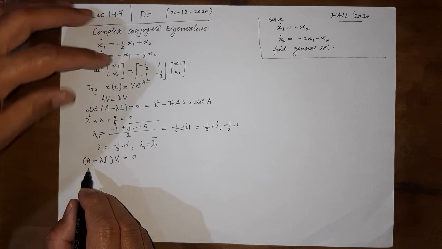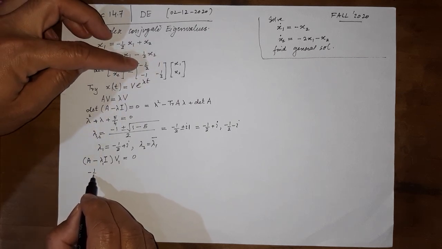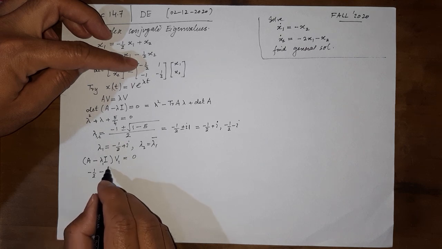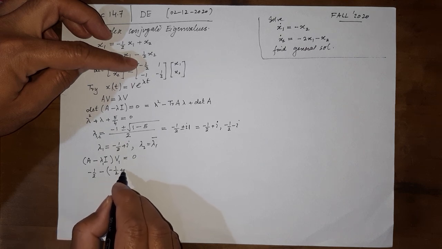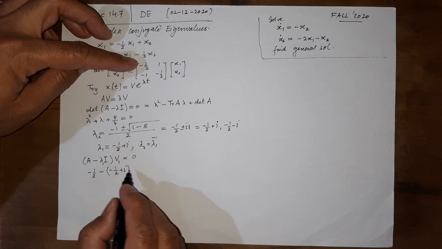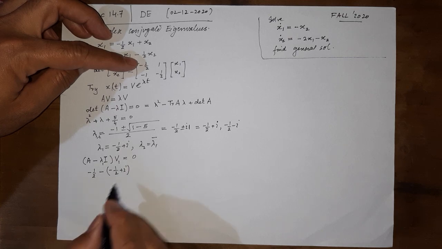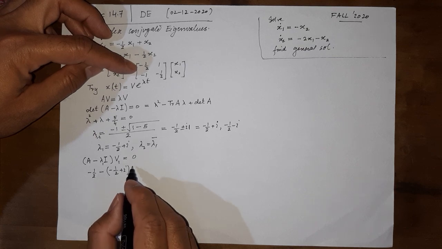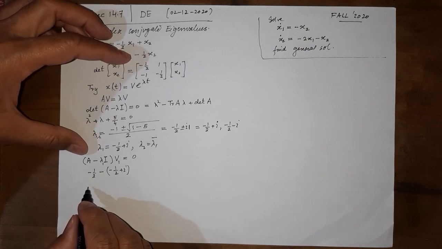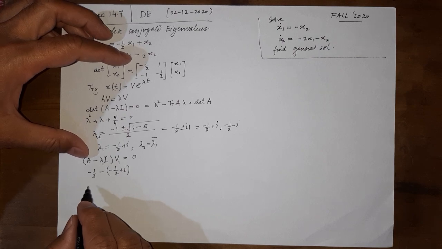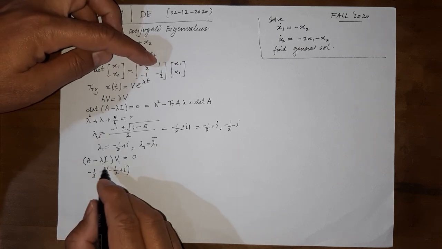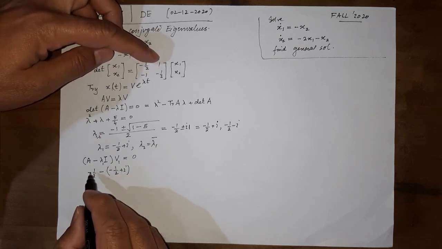So A minus lambda 1 in the identity matrix, and the elements of A. I am doing two steps together.